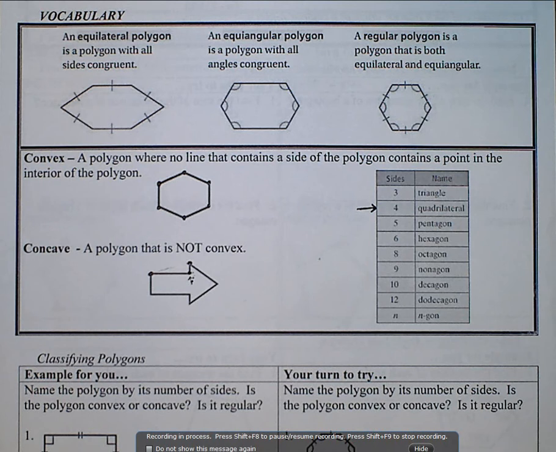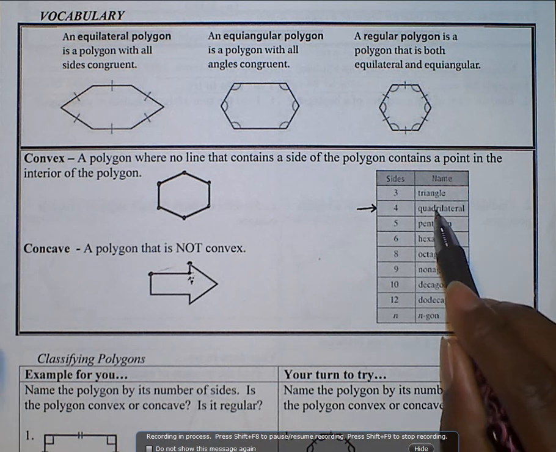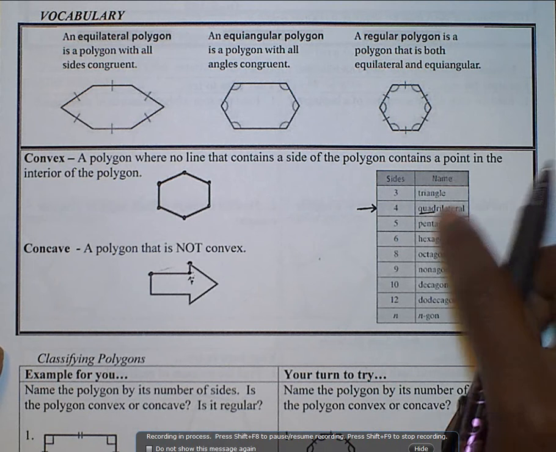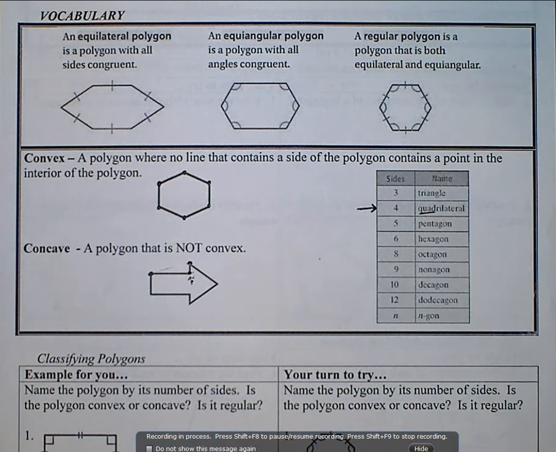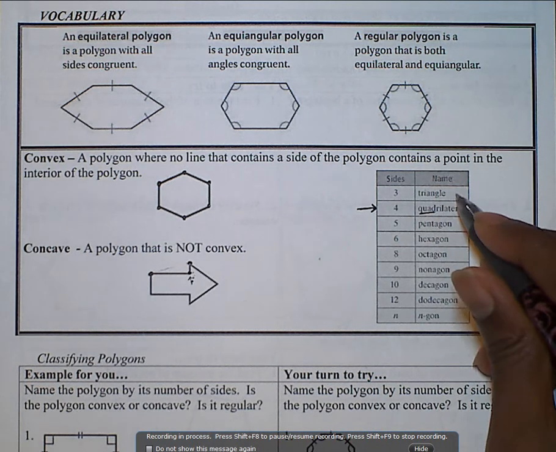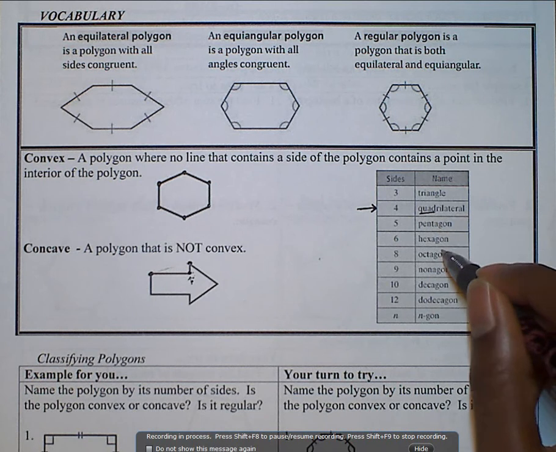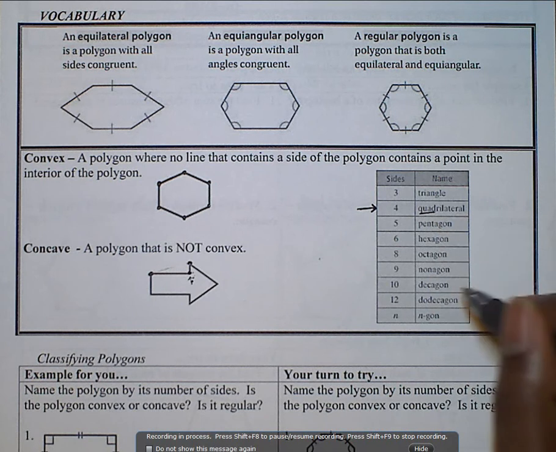Remember that a square is a little bit more than just having 4 sides, and a rectangle is a little bit more than just having 4 sides. We have to have a little bit more information to call them squares and rectangles. So if we know it has 4 sides, we call it a quadrilateral, 4-sided. Alright, and then all these other ones, I think you've heard these words: triangle, pentagon, hexagon, octagon, nonagon, decagon, dodecagon.